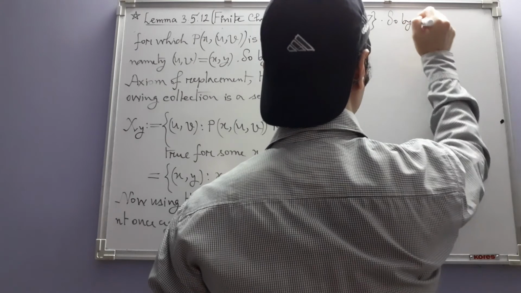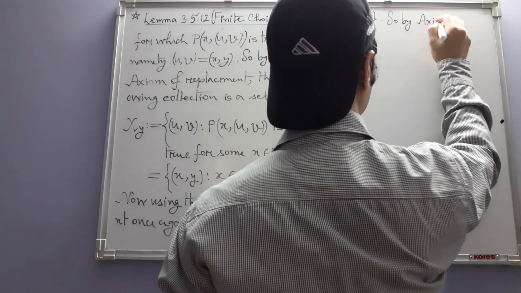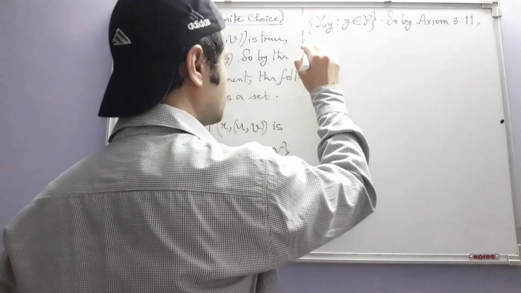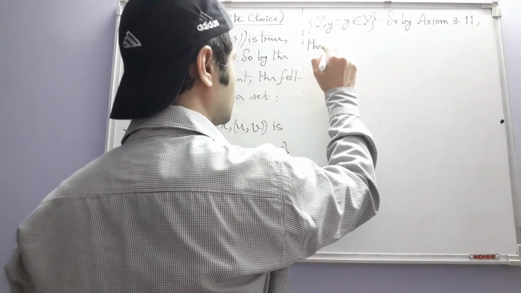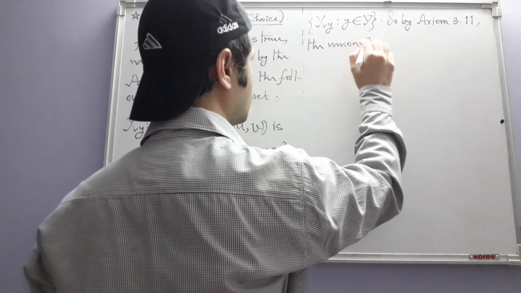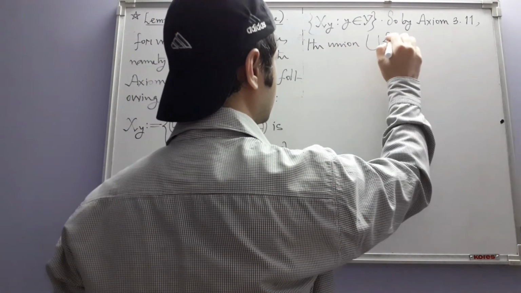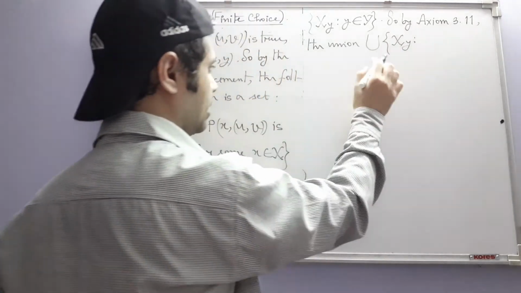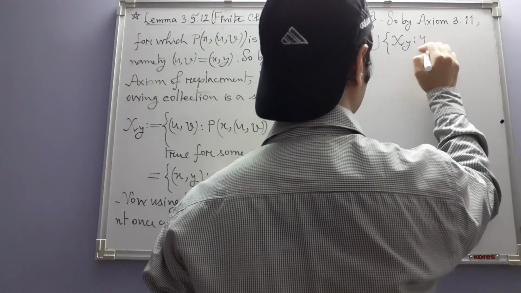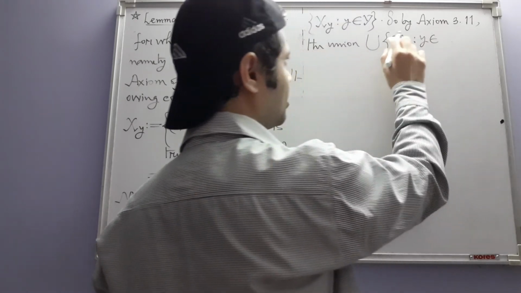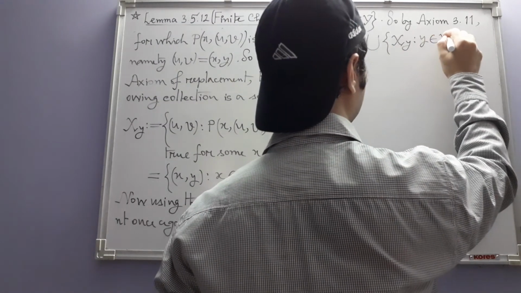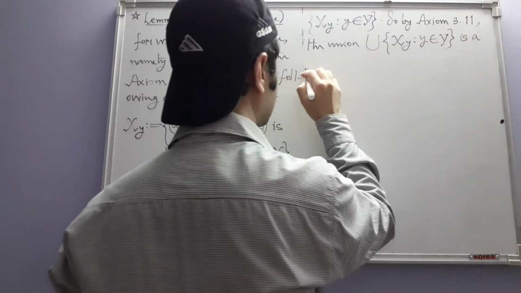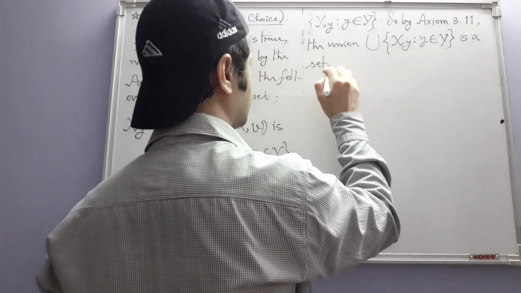So by axiom 3.11, the union, if you go to the axiom of union, you will understand the meaning of this notation. It's nothing but the union of all the sets X_y. The union is a set.